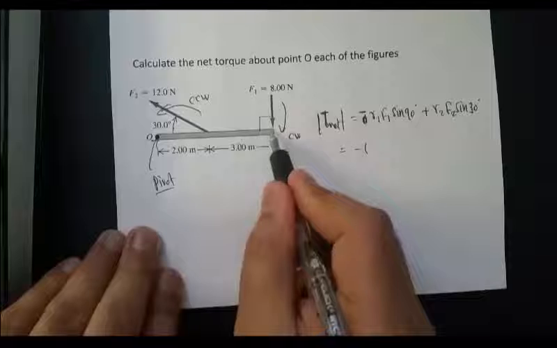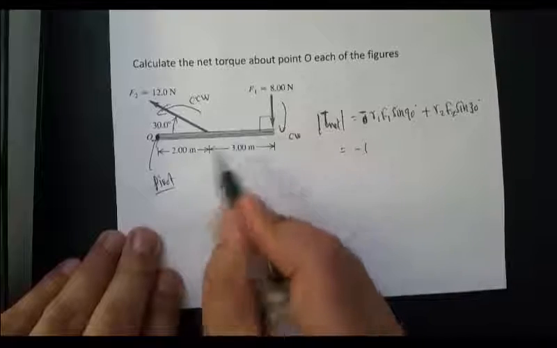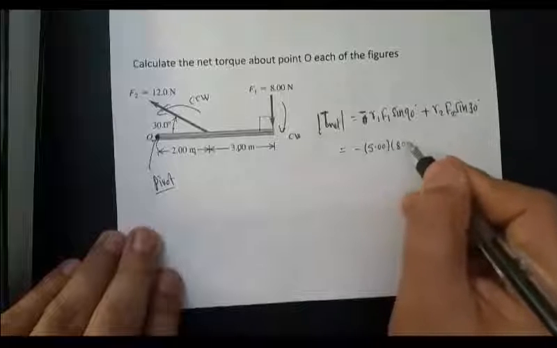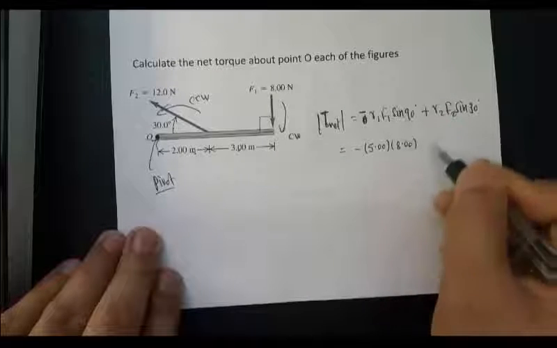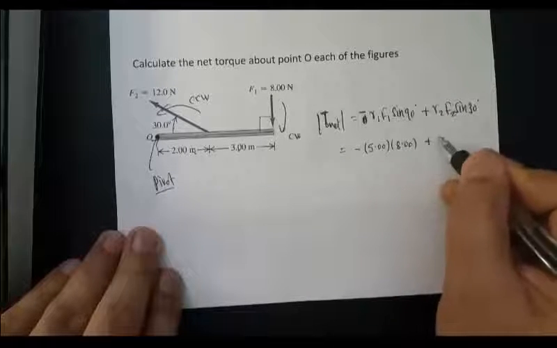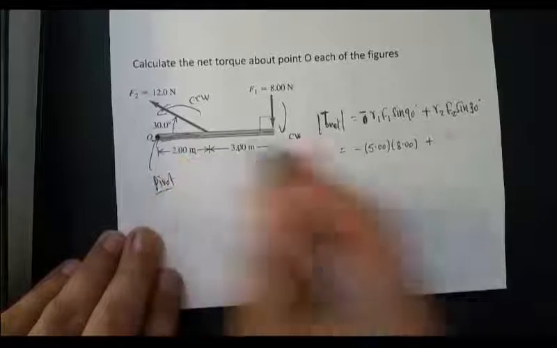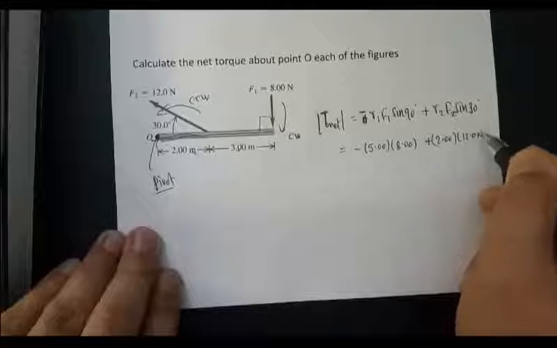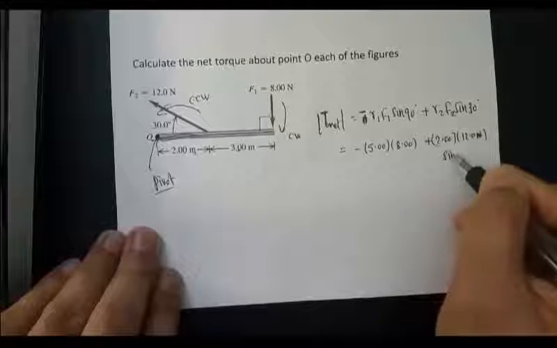So just put in all the numbers. R1 is this whole distance, 5, F1 is 8 newtons, sine 90 is 1, plus R2, which is 2 meters, F2 is 12 newtons, and sine of 30 degrees.